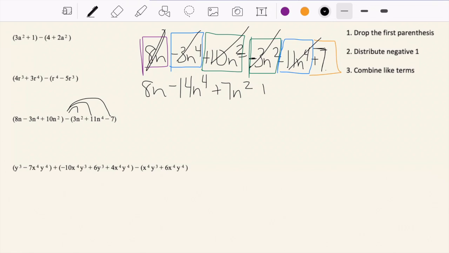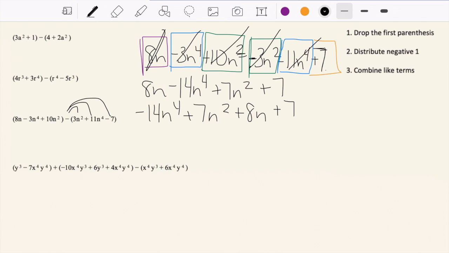And then all we have left is the positive 7. Then we've got to rewrite this so it's in the proper order. So we're going to start with the highest exponent, so negative 14n to the 4th, then positive 7n squared, positive 8n, followed by 7 by itself. So that'll be the answer to that one.